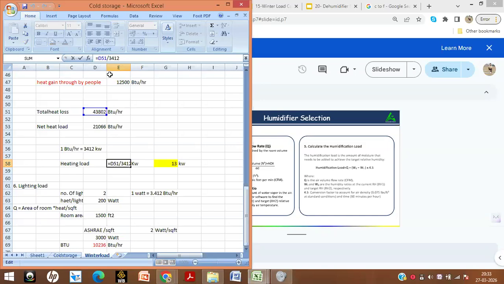So it should be not total heat loss but net heat gain. It has to be 6.1, so we can go for 6.5. So this much heating capacity of that particular coil is required for this condition.